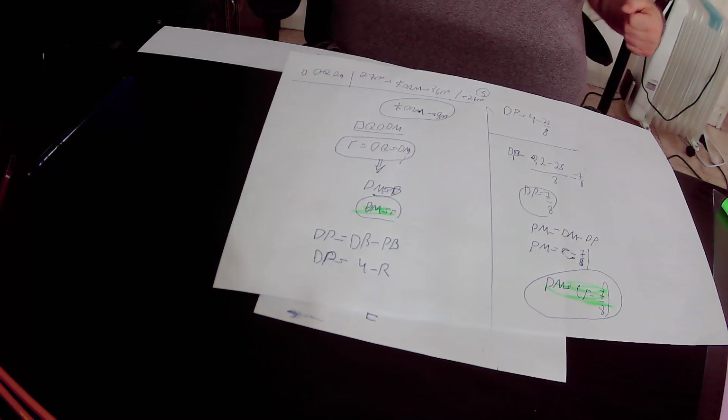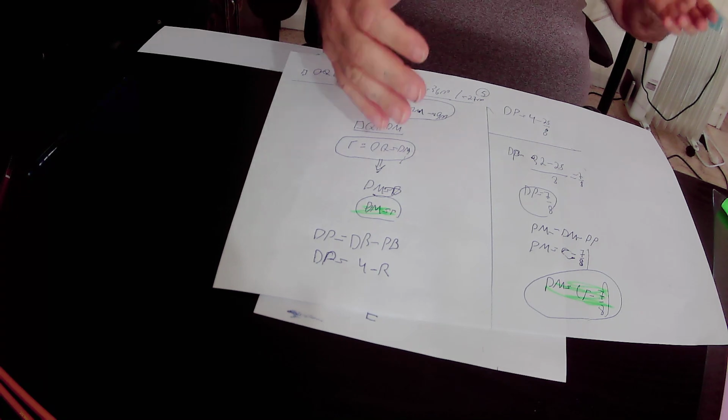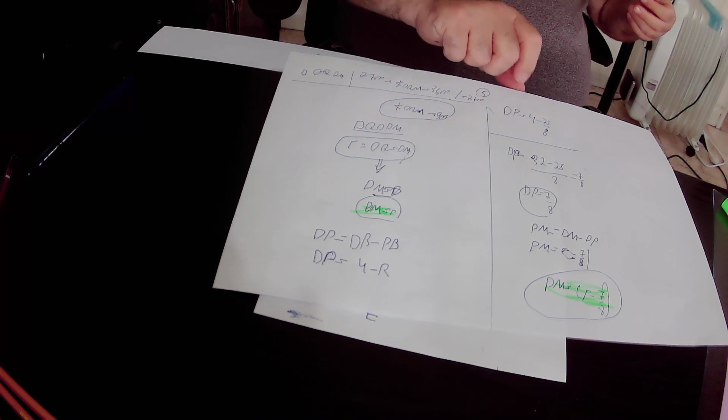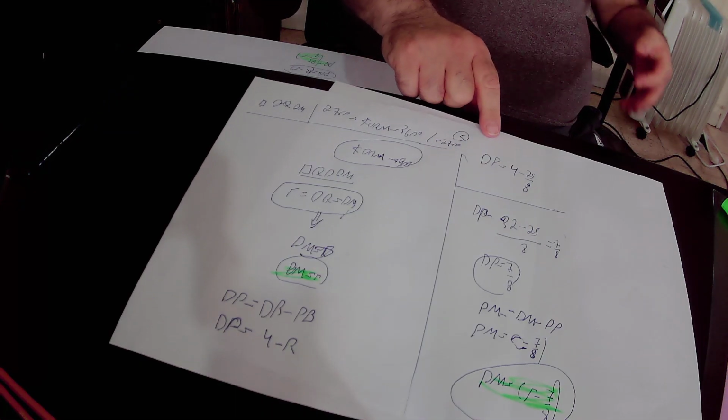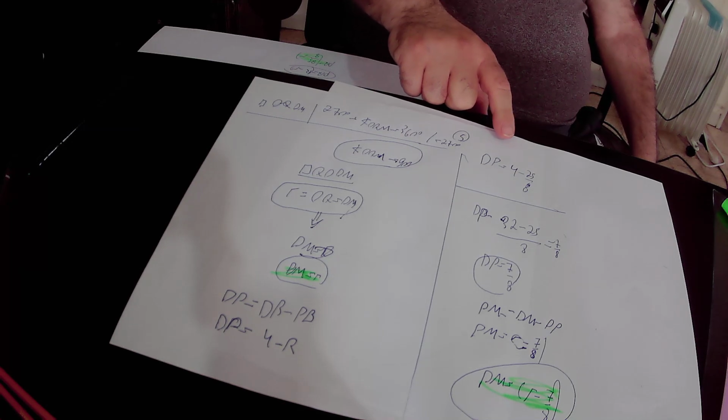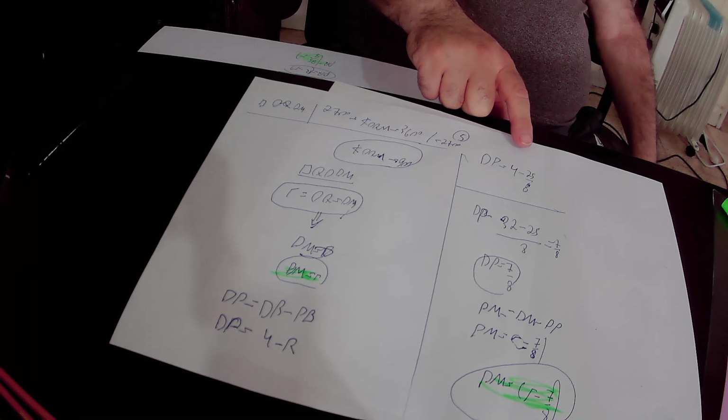But we have already found out that capital R equals 25 over 8, so we can substitute capital R by 25 over 8. We did it, and we got that DP, the small line segment DP, equals 4 minus 25 over 8 in its length.